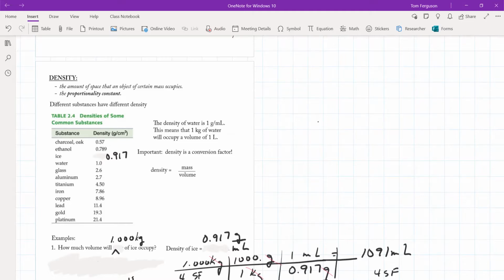Density is a relationship between mass and volume. And it's unique because the density is unique per compound at a given temperature. Let me give you an example of that.